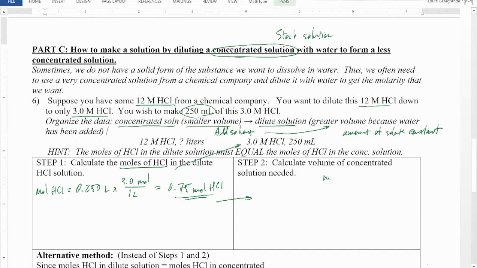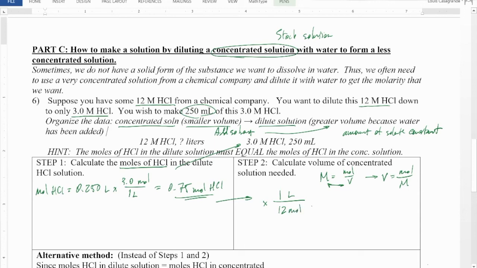If we start with molarity equal to moles over volume, remember the trick, switching across the diagonal gives us that the volume is equal to the moles over the molarity. Or dimensional analysis: take that 0.75 moles of HCl. Here's where the conversion factor comes in handy. We have moles, we want the volume, so we're going to multiply that by 1 liter over 12 moles.